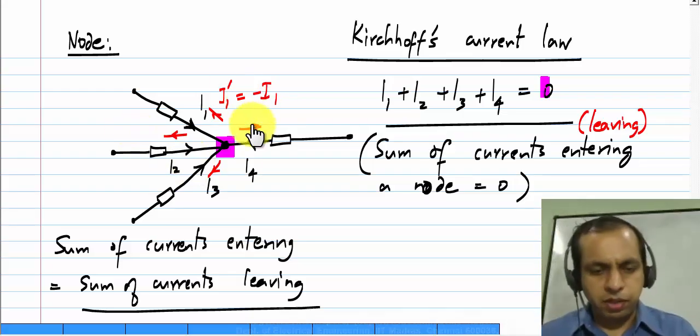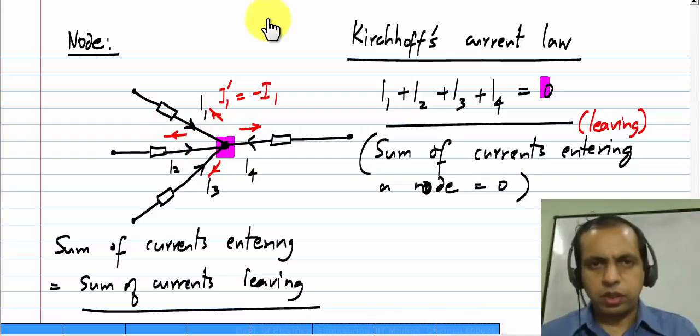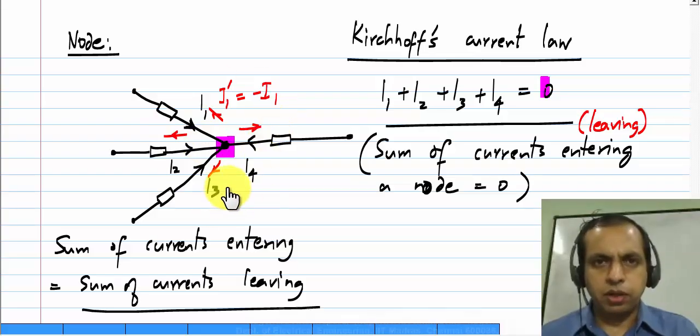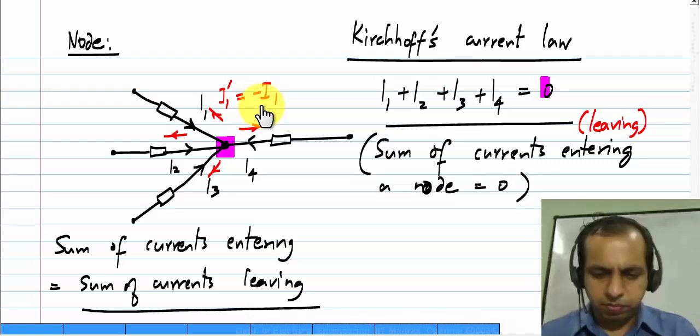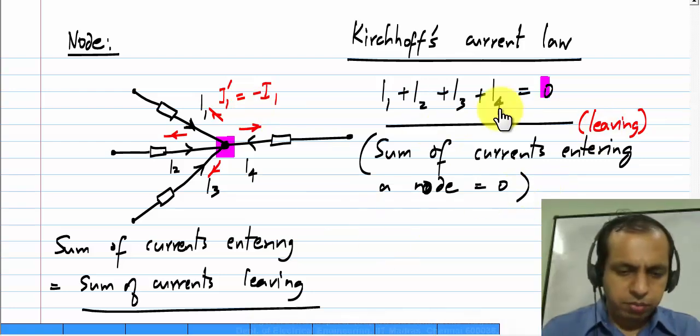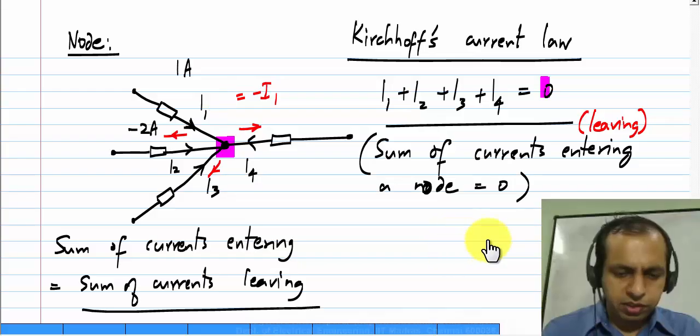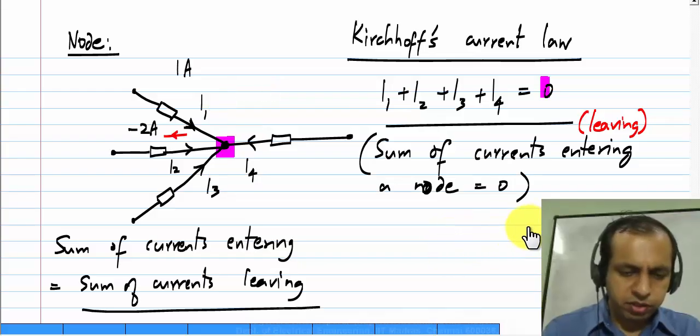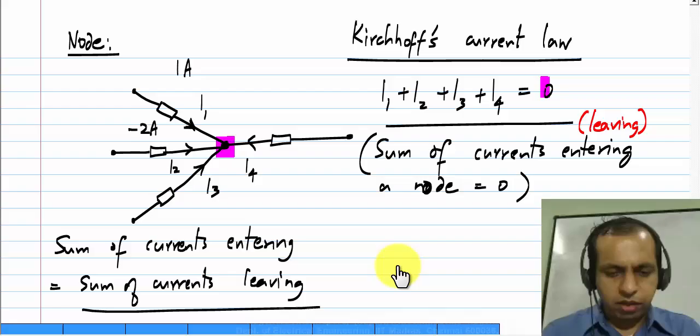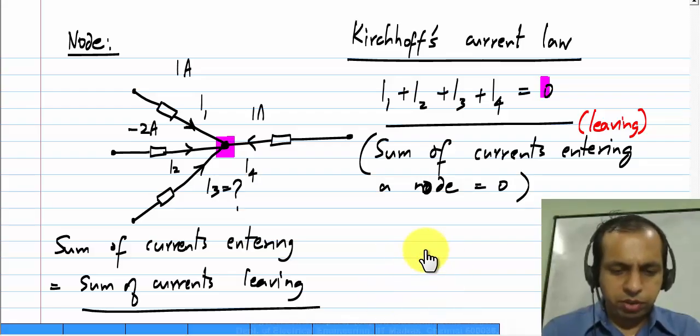Now, what does this mean? You can calculate an unknown based on the other currents. So let's say I1 happens to be 1 ampere, I2 is minus 2 amperes, and I3 is unknown and I4 is 1 ampere.